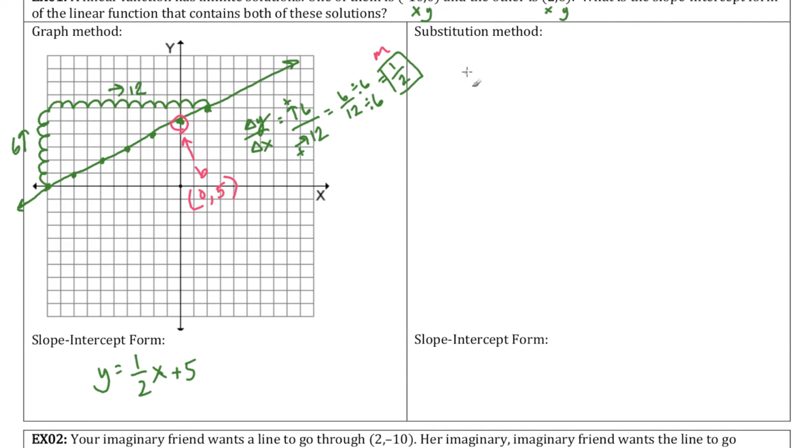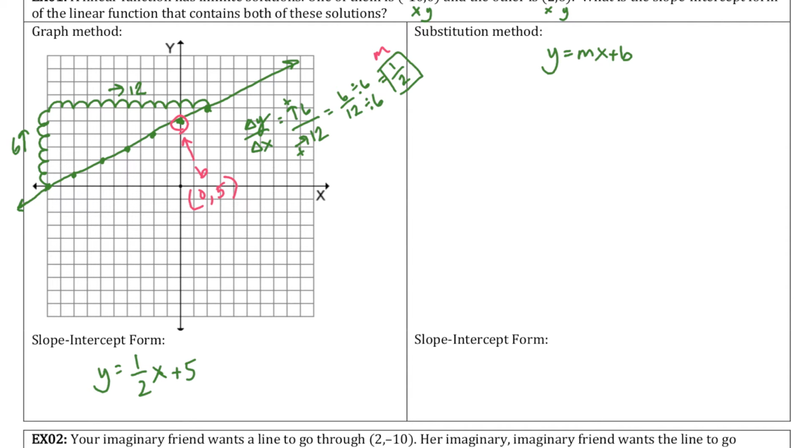Okay, now let's try the substitution method. We should get the same answer. This time, let's not forget, we're trying to figure out y equals mx plus b without the graph. Now, the problem is that we don't have an m to figure out the b or a b to figure out the m.